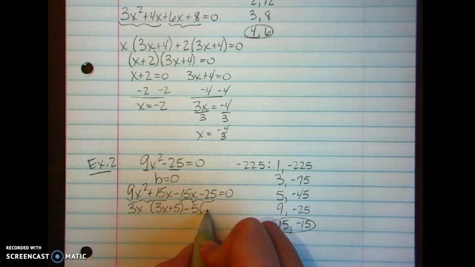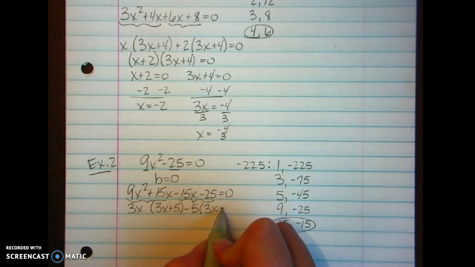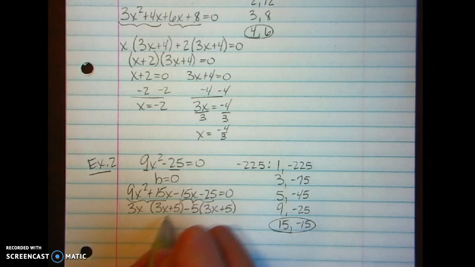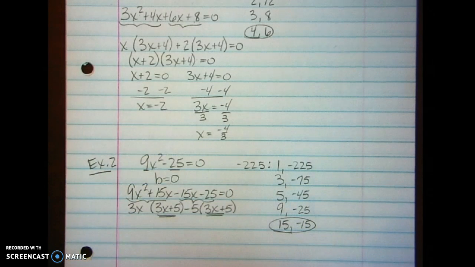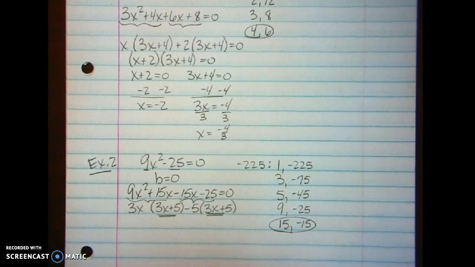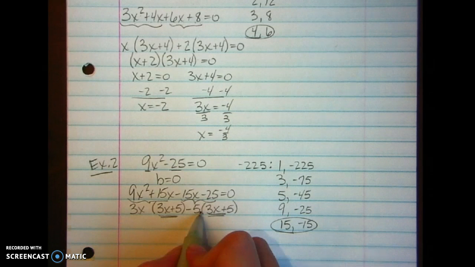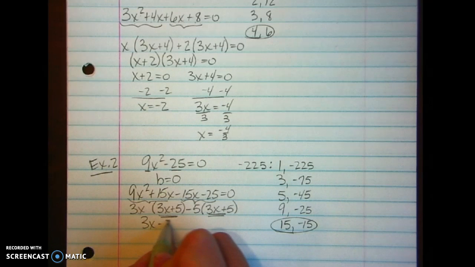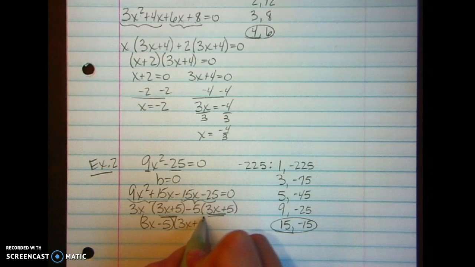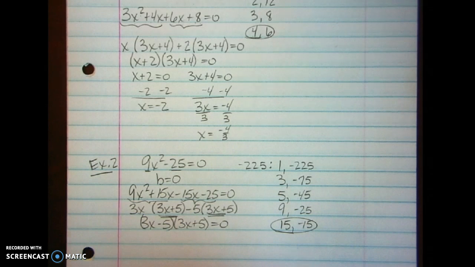Negative 15x divided by negative 5 is 3x. Negative 25 divided by negative 5 is 5. Notice that what I have in the parentheses always has to be the same. If it's not, back up and redo that step. So I can regroup. I have 3x minus 5 and 3x plus 5 equal to 0.